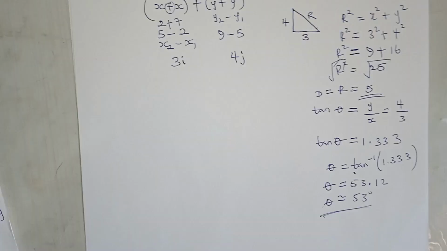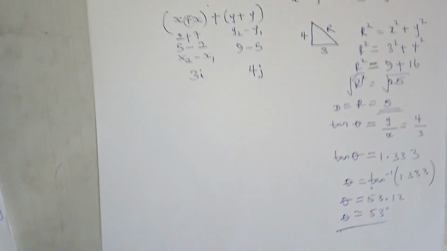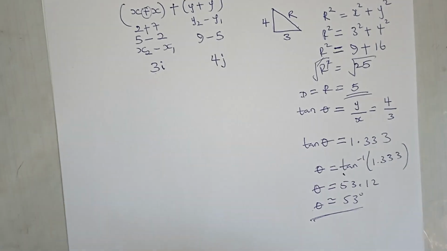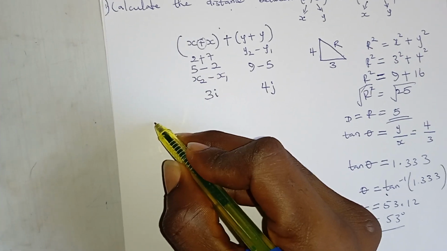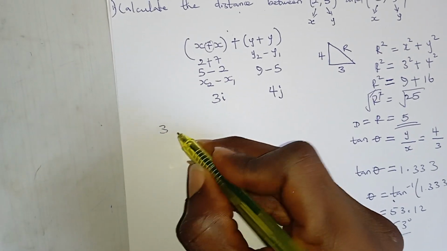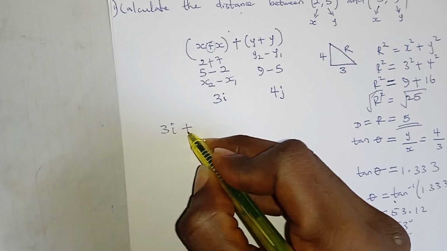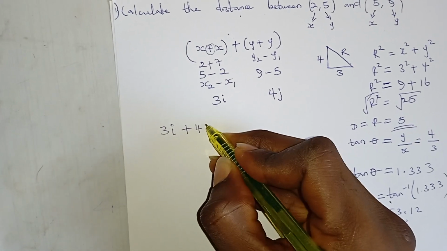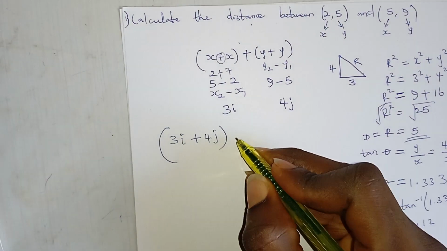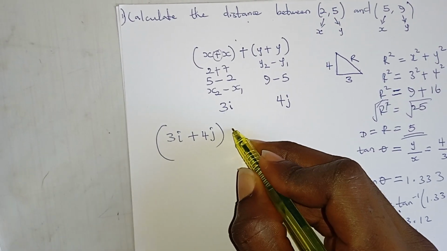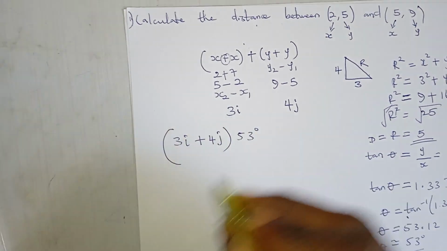So this is my direction. If they tell you to show this in vector form, to represent your answer in vector form, it is something like 3i plus 4j, and this is happening at 53 degrees.